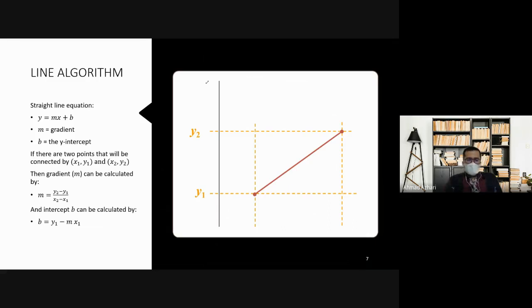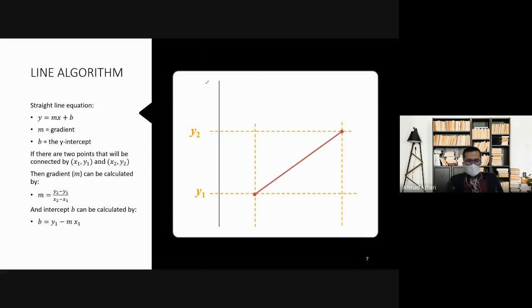m, or the gradient, equals the difference of y divided by the difference of x. So the gradient can be calculated as delta y divided by delta x, where y2 is minus y1 and x2 is minus x1.